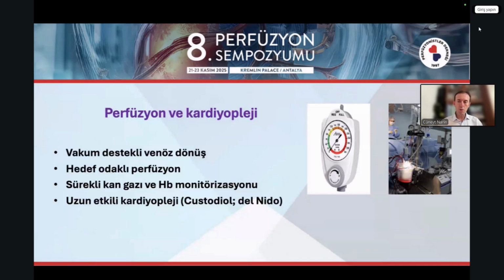Tabii perfüzyon en önemli noktalardan bir tanesi küçük kesik kalp cerrahisinde. Vakum olmazsa olmaz. Vakum mutlaka venöz drenajı sağlamada küçük kesik kalp cerrahisinde önemli bir unsur. Hedef odaklı perfüzyon son 10 yıl içerisinde önemi çok ciddi bir şekilde vurgulanmış bir nokta ve hedef odaklı perfüzyon periferik kanülasyon yapılan hastalar için çok kıymetli parametreler vermekte.